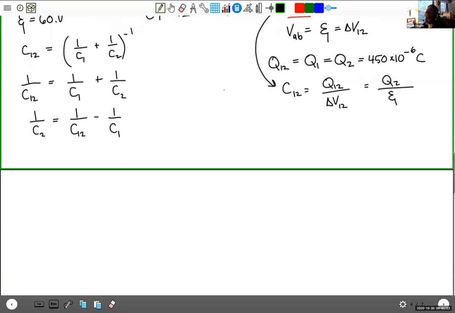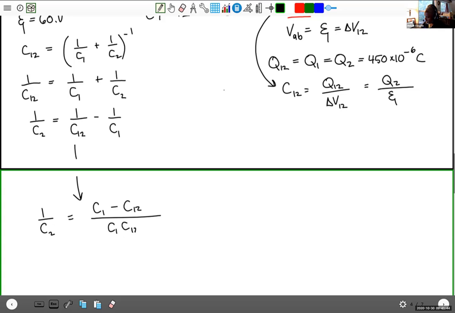We could use that to find the capacitance of capacitor 2. So to find the capacitance of capacitor 2, I'm going to get the common denominator between these terms on the right side.